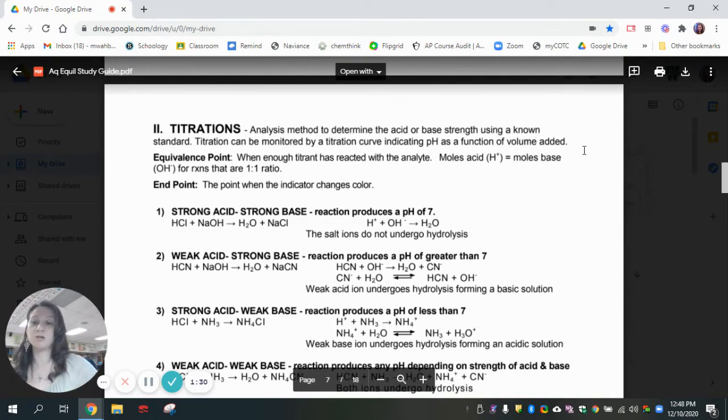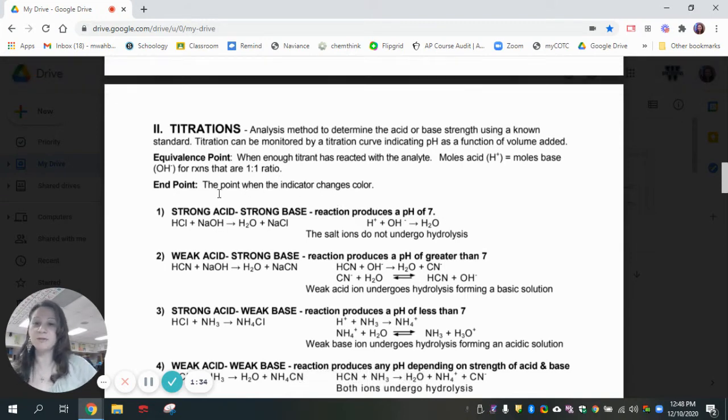That's when you've reached your endpoint, and usually you stop your reaction then. So the endpoint is when the indicator changes colors. Now there are tons of different types of indicators that change at different pHs. So you want to pick an indicator that will change at the pH where you reach your equivalence point.